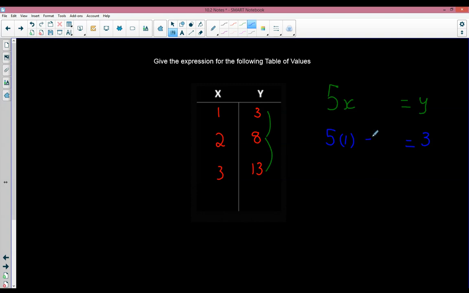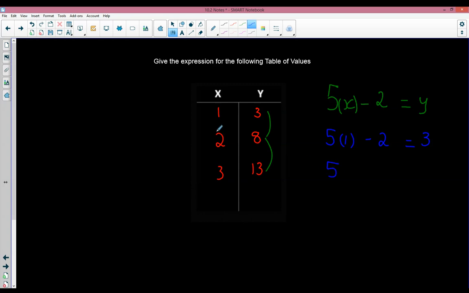In this case, 5 times 1 is 5. To get to 3, I would have to subtract 2. So we're going to propose that our expression is 5x subtract 2 is going to be equal to our y, or our output.